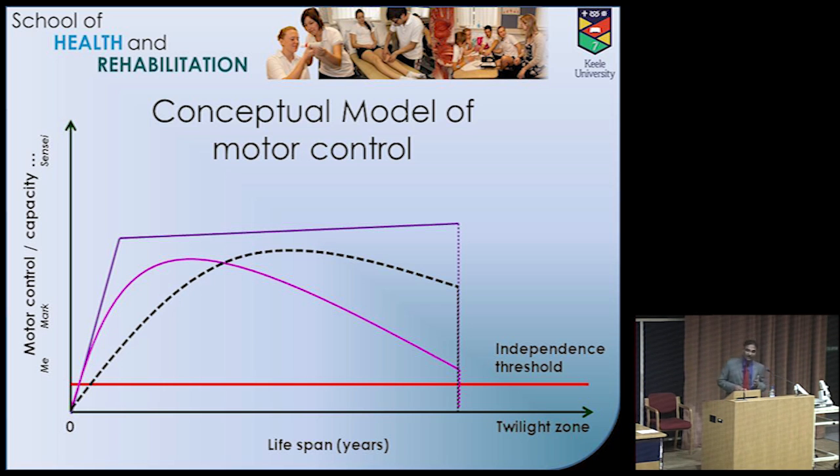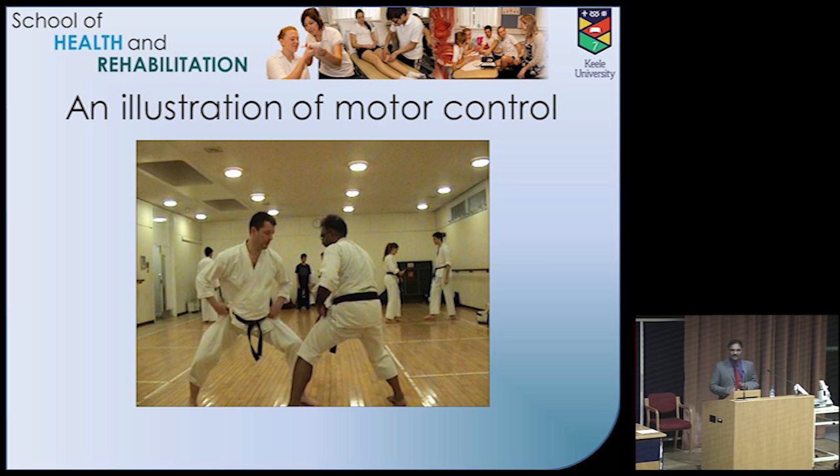So one could accept that from a control point of view, we optimize and improve control over time till a point at which that will change. Of course, there are other models, but for today's talk, simplifying it to this level would be sufficient. From a control point of view, I will illustrate the act of motor control at this point.